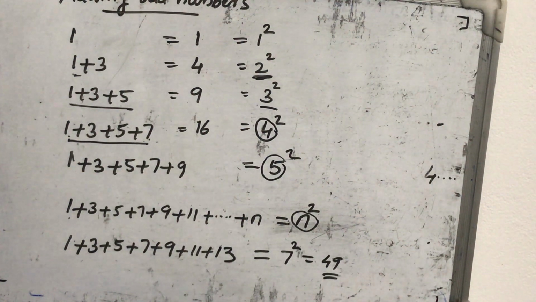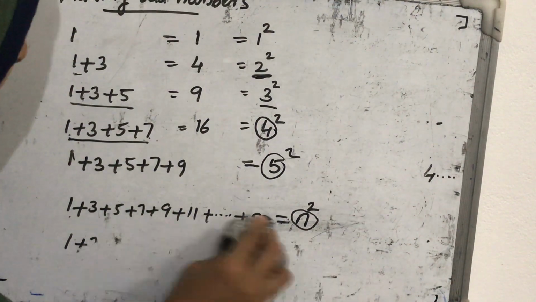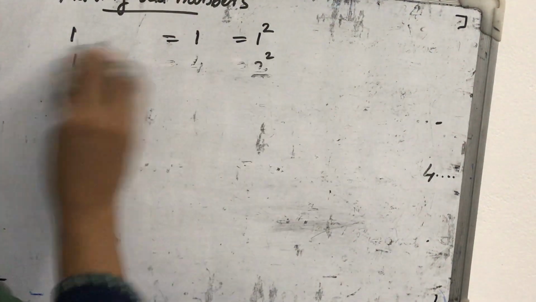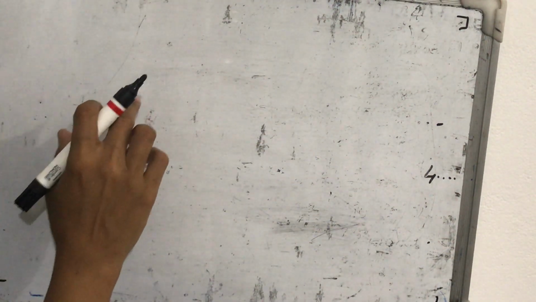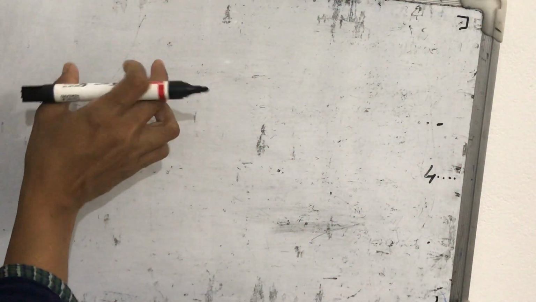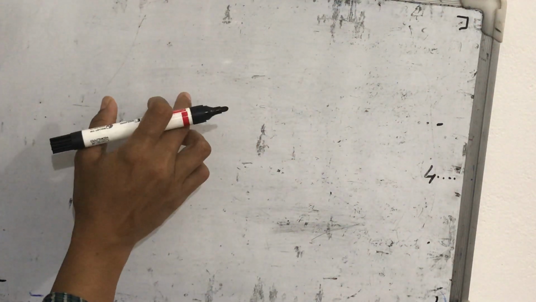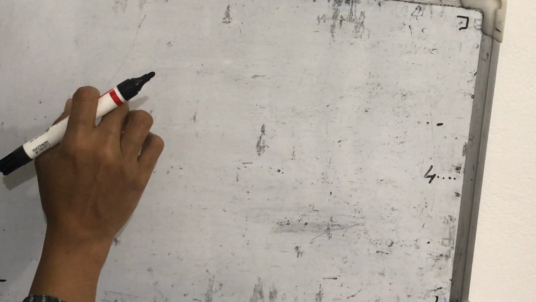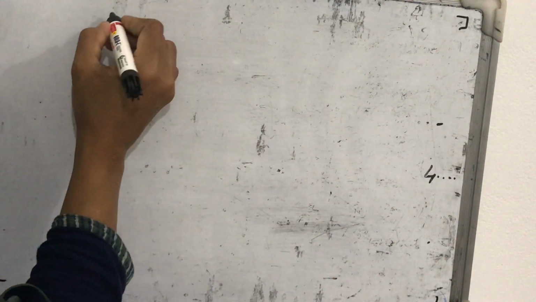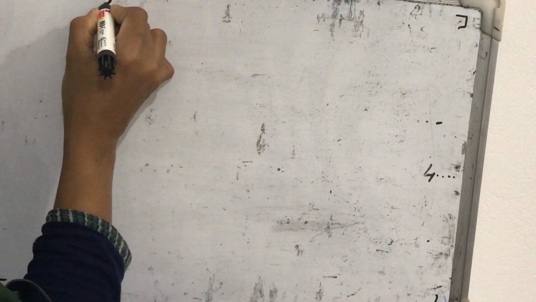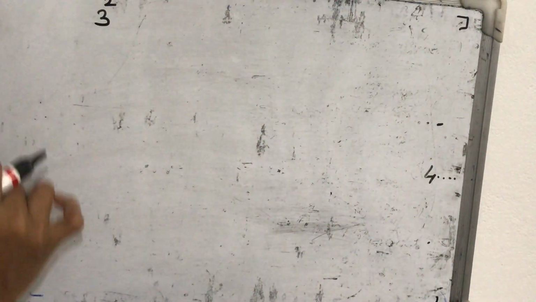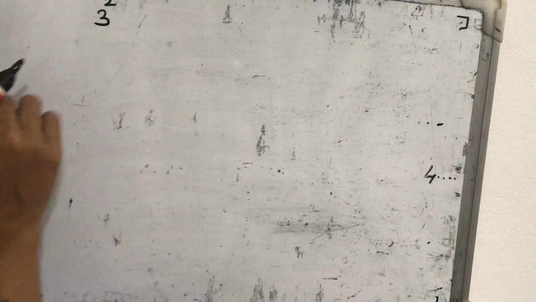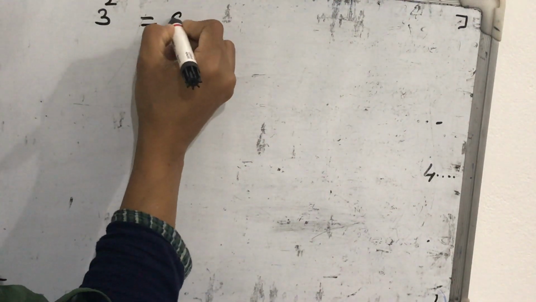Now another property that we can discuss. Another property of square numbers is that the square of any odd number can be expressed as the sum of two consecutive natural numbers. Look at one example. 3 is an odd number, and when we take its square, we get 9.